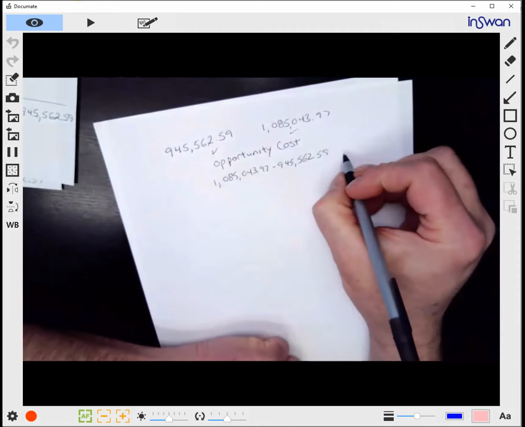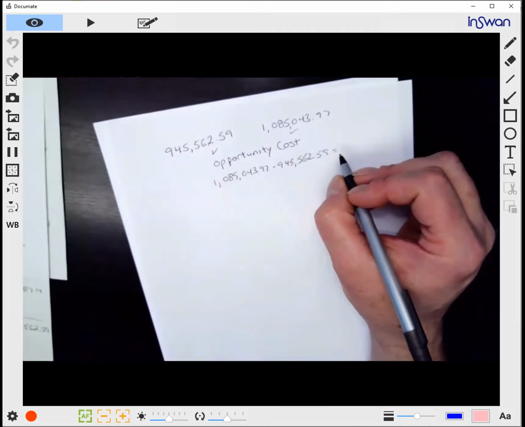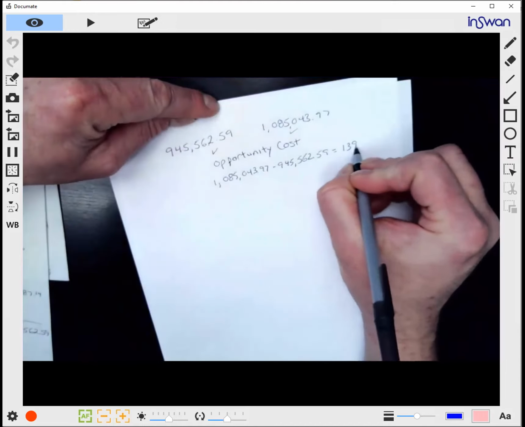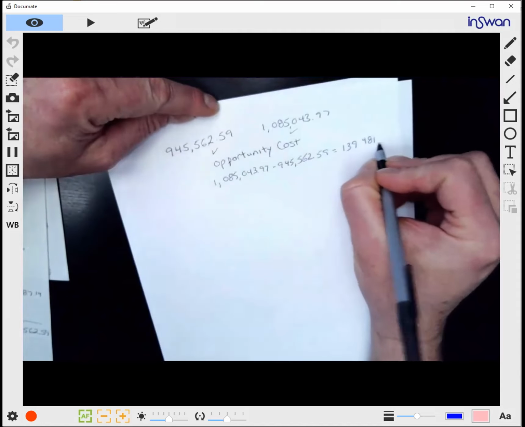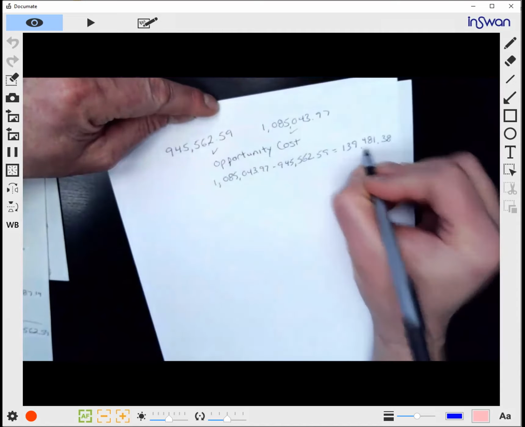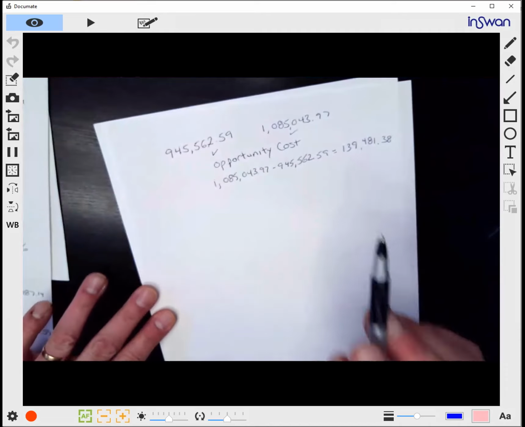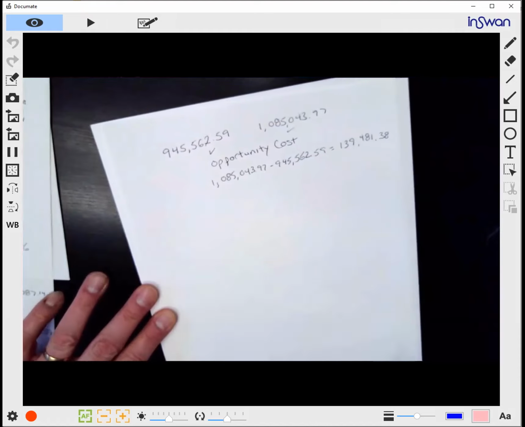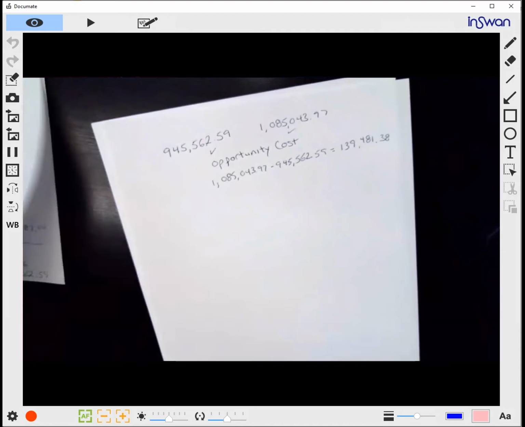And that would give us the opportunity cost here, which is 139,481. So that would be the cost. If this person makes that decision, they should value whatever it is, quieter, whether it's less disruption on the land, whatever. That is the difference between the two.